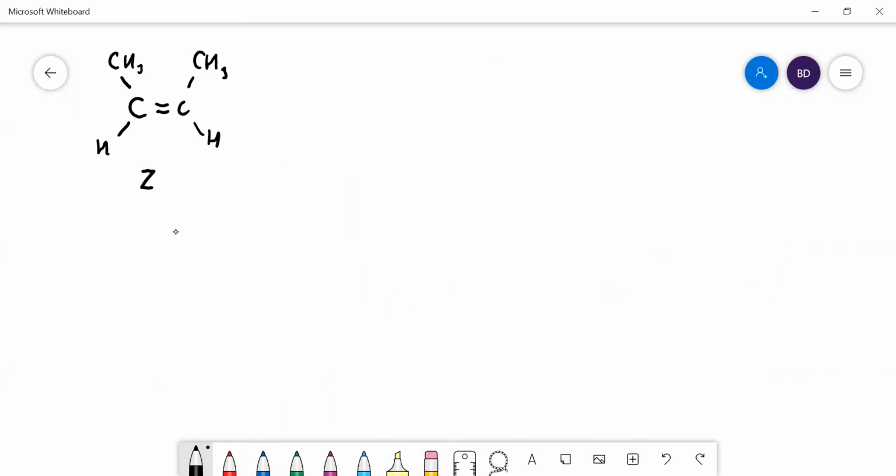Your two high priority groups together, two methyls together. And here I will draw the E form. So all I've got to do is swap one of those. I've left that one the same. We're going to swap this side round, the H and the CH3.